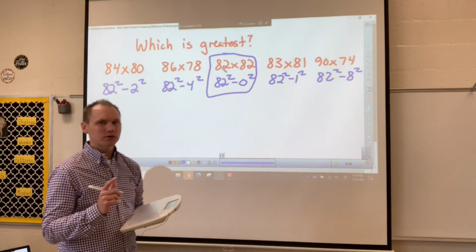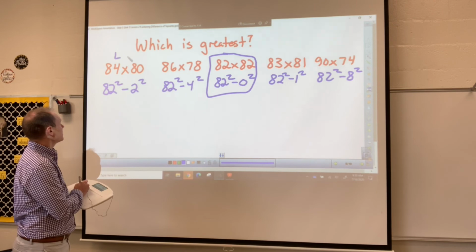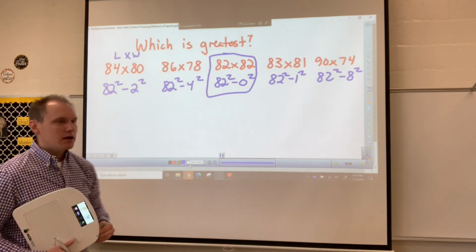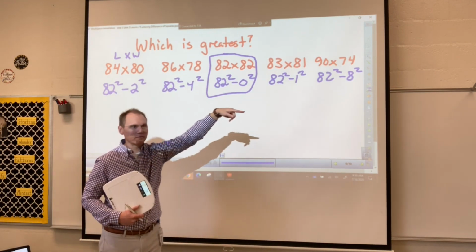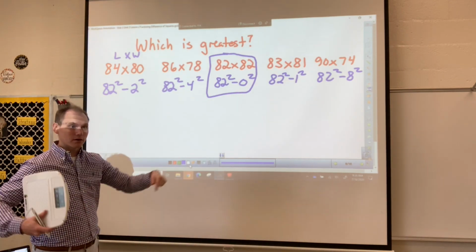But more importantly, I want you to think about this as area. So think of each one of these as length times width. If the length plus the width for all of these add up to the same value, which is 164, that means they all have the same perimeter.